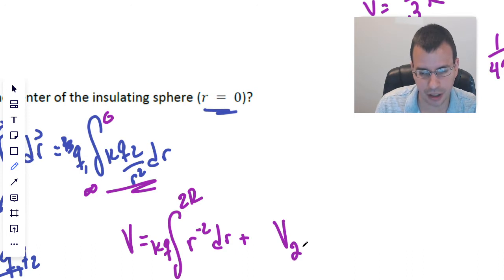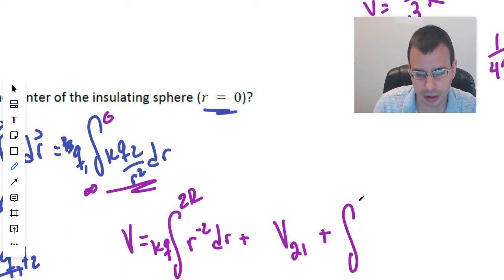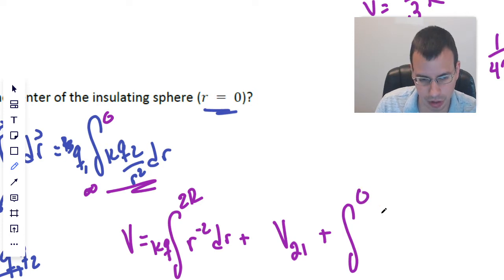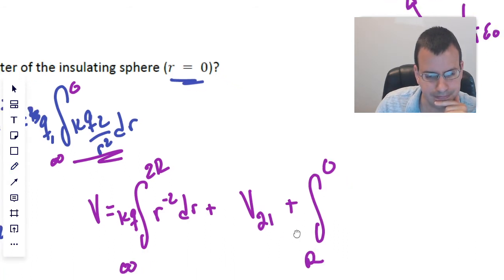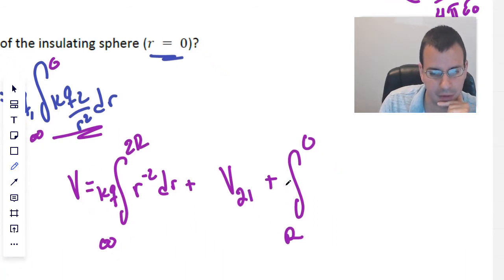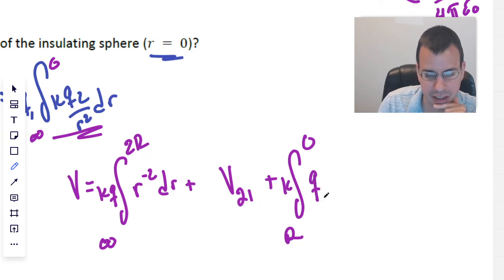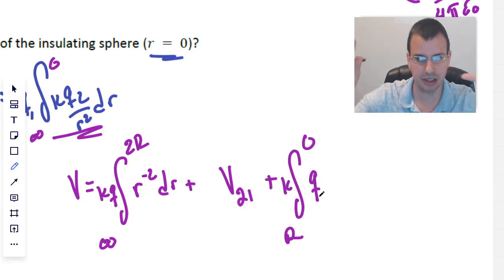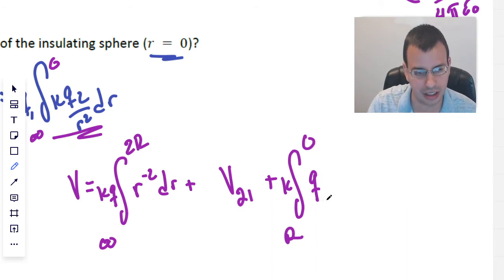The potential from 2r to 1r, plus the potential from 1r to 0, and this would be along the lines of: I'm going to factor out the k, but I'm going to leave this q in here because that's going to change as we go through the insulator, times r to the negative second dr.